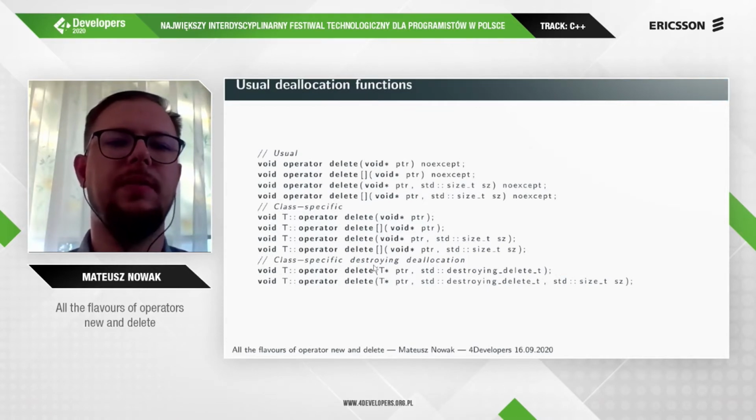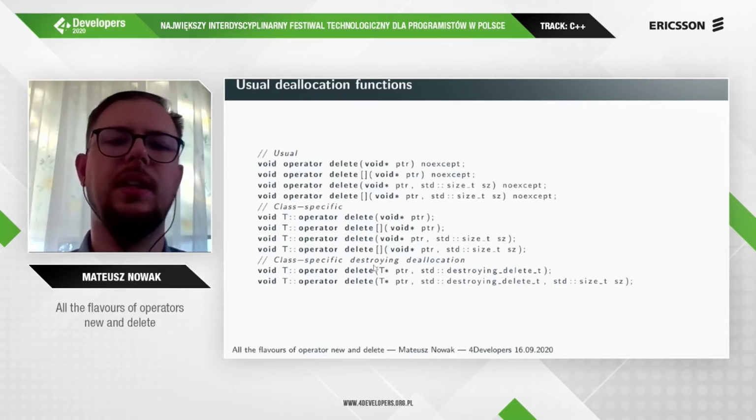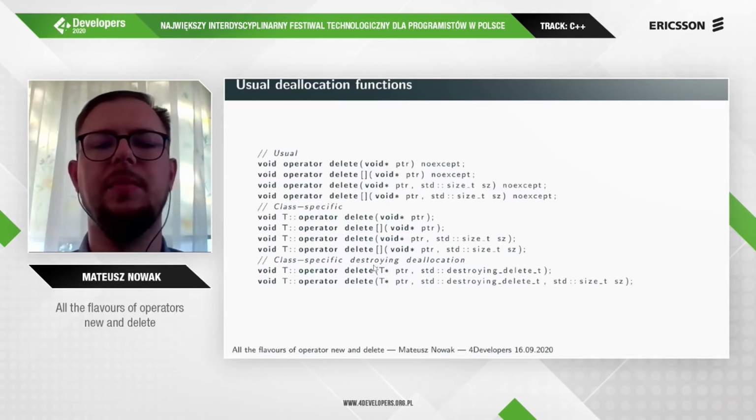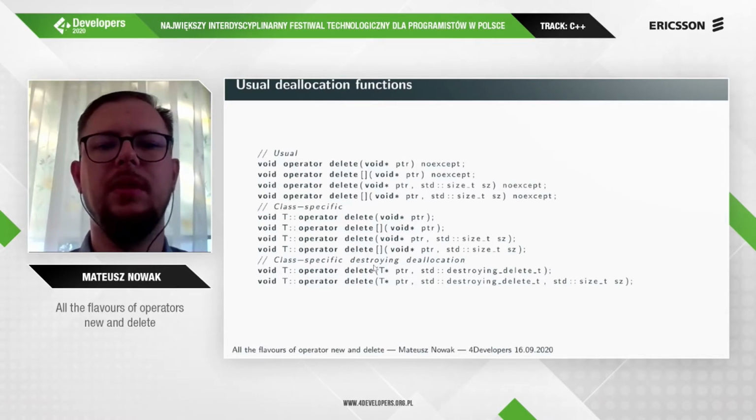For deallocation functions, again, we have versions for the single object and the array. The difference here is also that we have a version that does not have a size parameter, and one that accepts size. All of them don't throw exceptions.